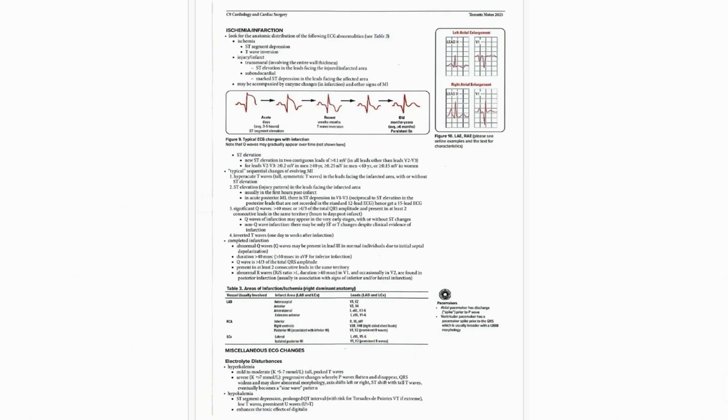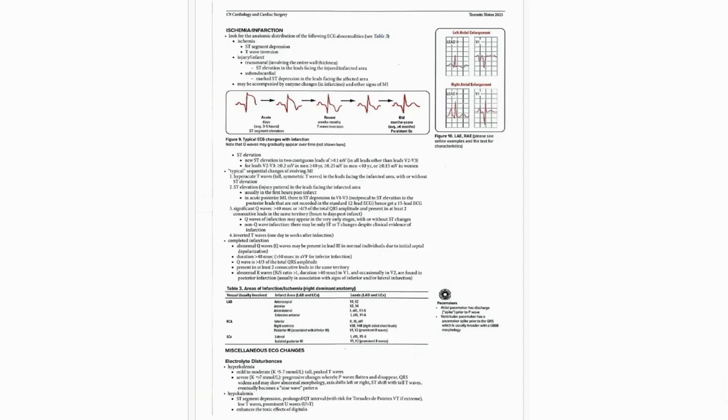several electrolyte disturbances. Hyperkalemia first produces tall peaked T waves. As potassium rises further, the P waves flatten and disappear, the QRS widens, and eventually the ECG develops the classic sine wave pattern, which is a medical emergency requiring immediate treatment.